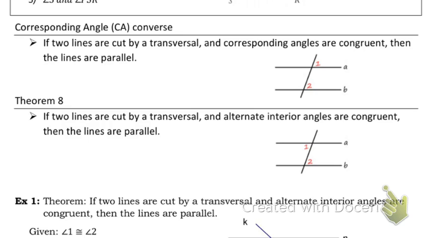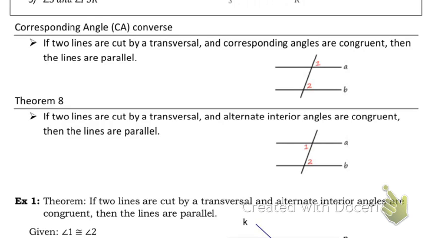So in this case, you're using this to prove two lines are parallel. And the one right above it, you are given parallel lines. So they go in opposite directions. Once more, the CA postulate is if they're parallel, then they're congruent. The converse is if they're congruent, then they are parallel.